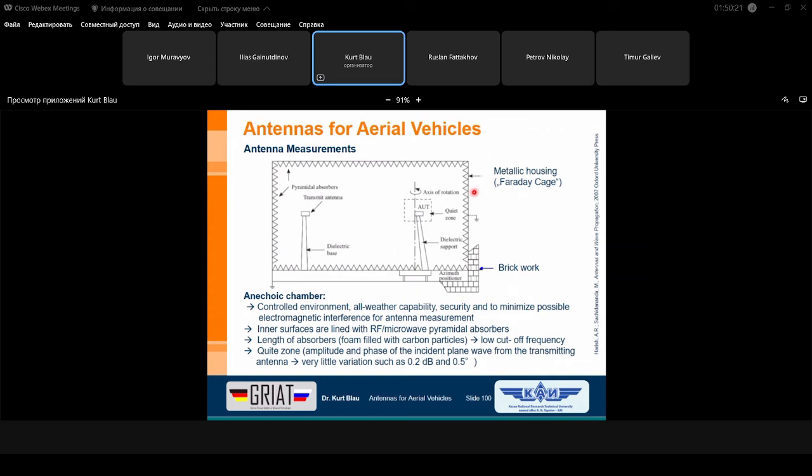So this metallic housing, for instance a copper grid shielding, keeps away radio signals coming from other radio stations working at the same frequency we want to measure at this moment. Then you can say, okay, if you want to measure the pattern of an antenna at the same frequency coming from outside, then we can use this radiation for the antenna under test.